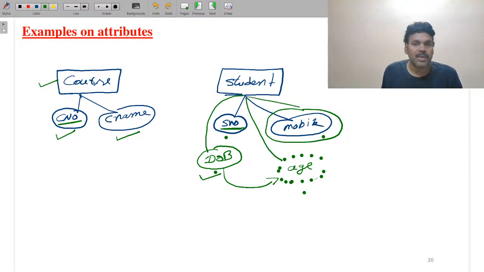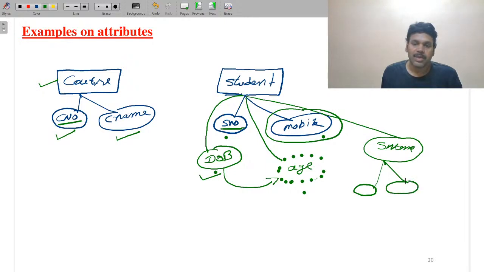One more attribute I want to give, that is student name. We know that student name has a few attribute sets: first name, middle name and last name. So we understand these are different terminologies. We are calling this a what? Composite.